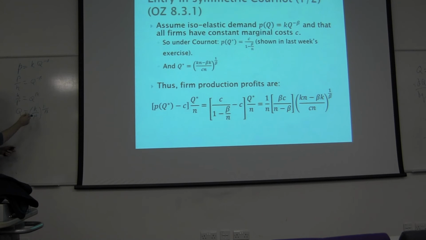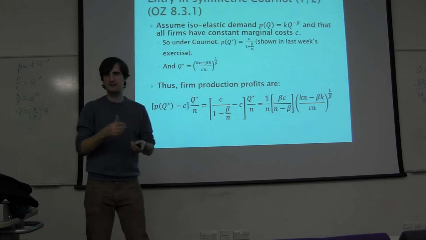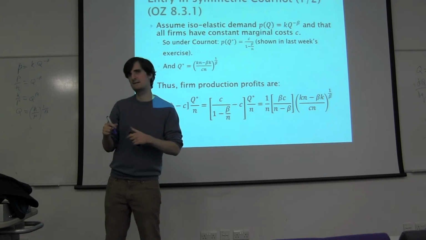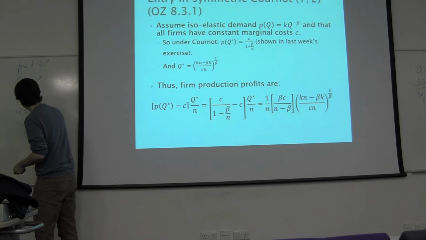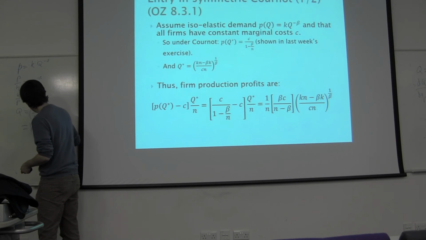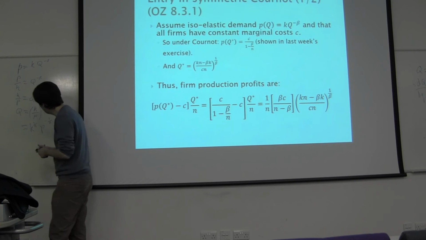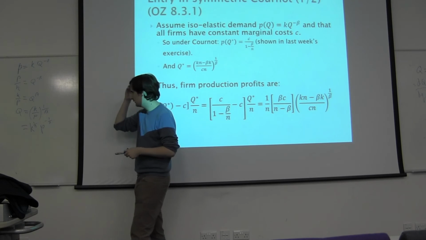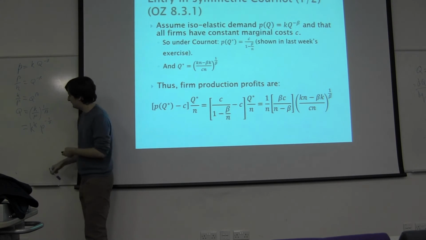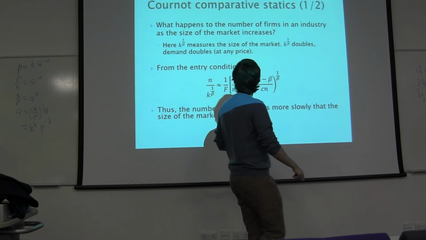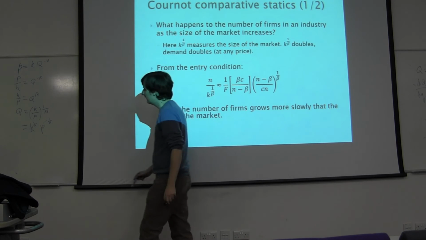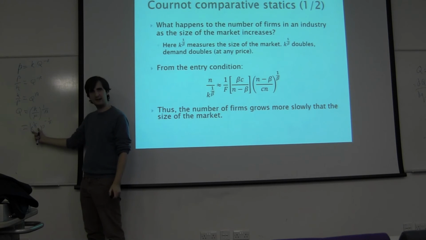So what's K measuring? So if you like, this is K to the power of 1 over beta times P to the power of minus 1 over beta. So K to the power of 1 over beta, that's a measure of the size of the market. So why do I say this is the size of a market, K to 1 over beta?